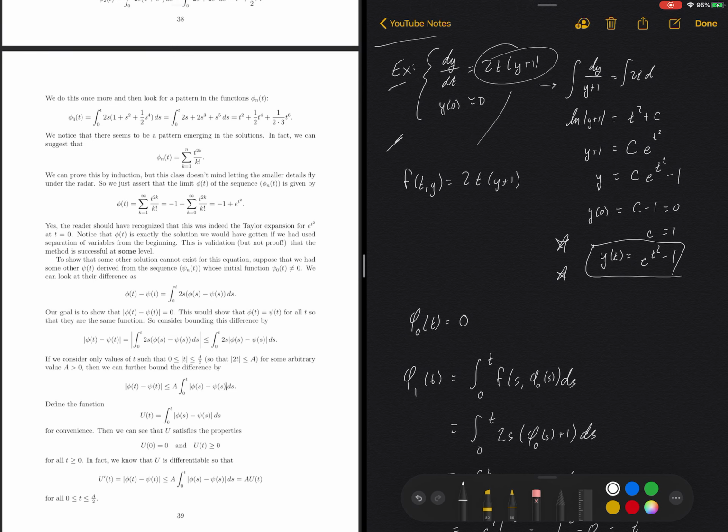But in order to really figure out where things get a little trickier, a little hairier, we need to come back to this example that we were working on, where we illustrated what Picard's method looked like.